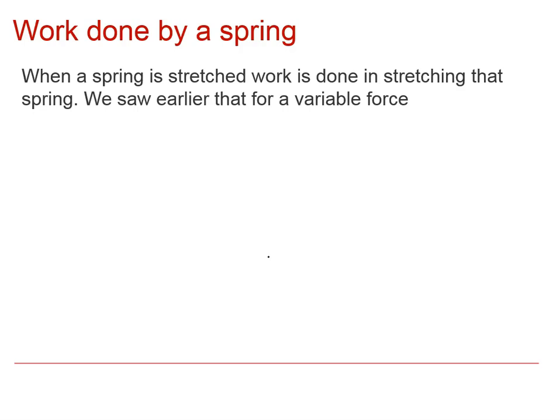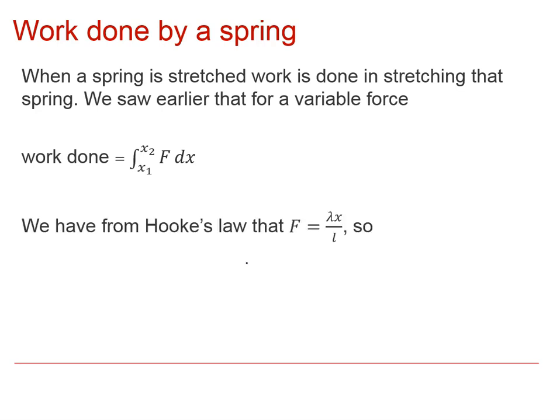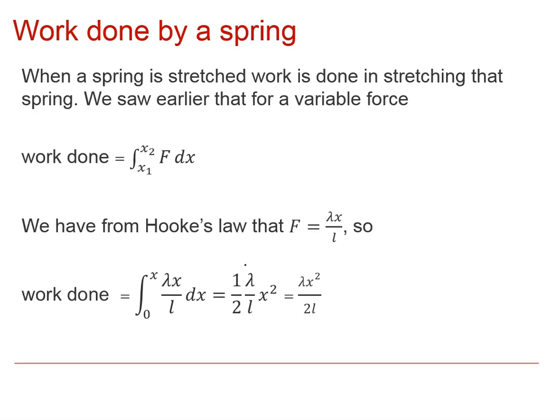So when we've got a spring that's stretched, work is done in stretching that spring. And we saw earlier in a previous video that for a variable force, the work done is the integral between x1 and x2 of the force with respect to x. Now the same applies to strings. So from Hooke's law, F is lambda x over L. And if we use that with this work done formula, the work done in doing the extension from 0 to x is the integral of lambda x over L dx.